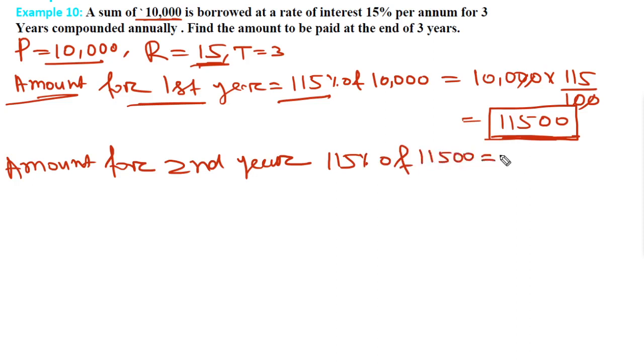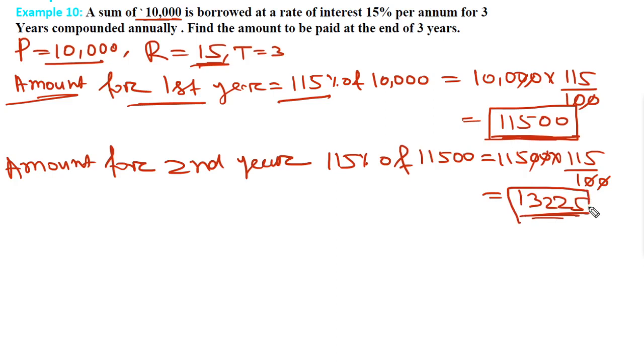So it will be equal to 11,500 into 115%. Now you can cancel 2 zeros, then it will be equal to 13,225. So rupees 13,225. So this is the amount for the second year.